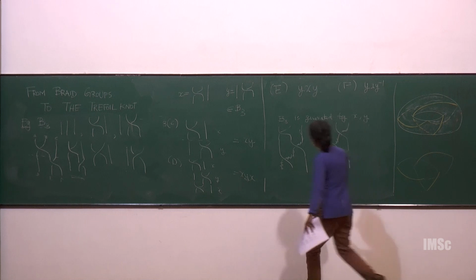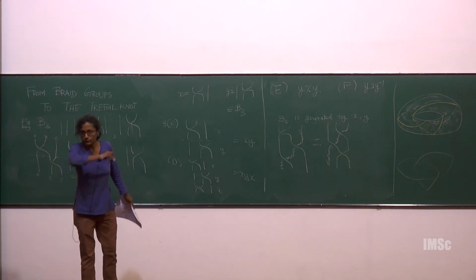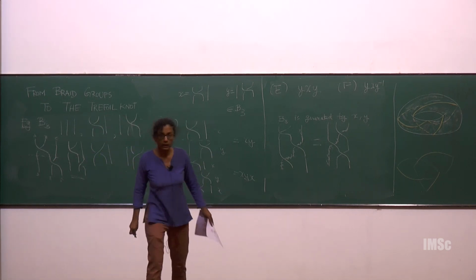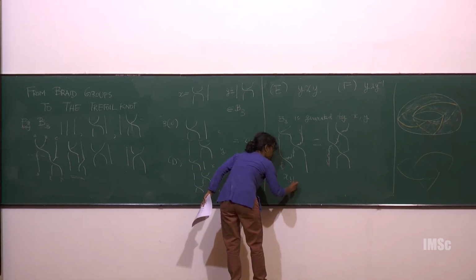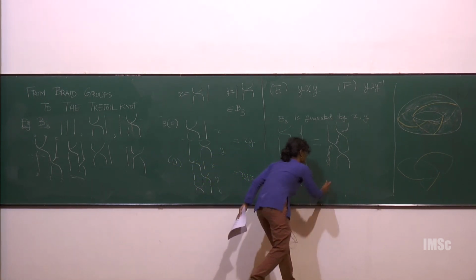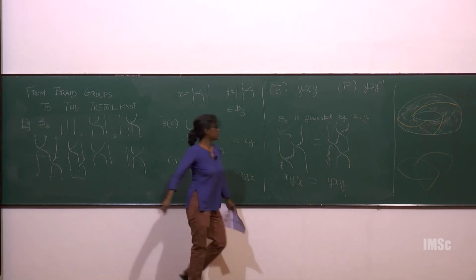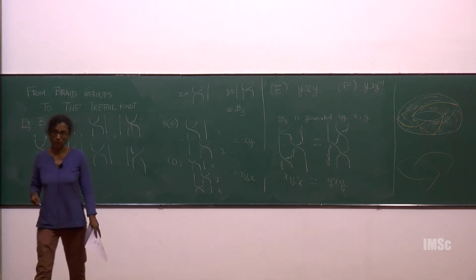How do you write this in terms of X, Y? This is XYX, and that is the other one. These 2 things are the same. So this is a relation in this group.